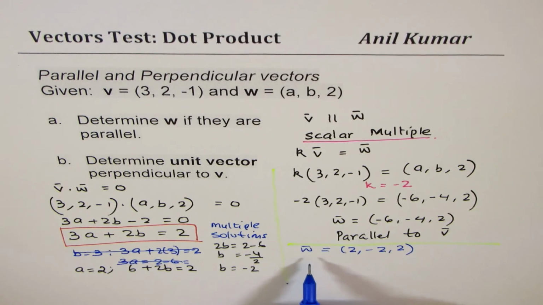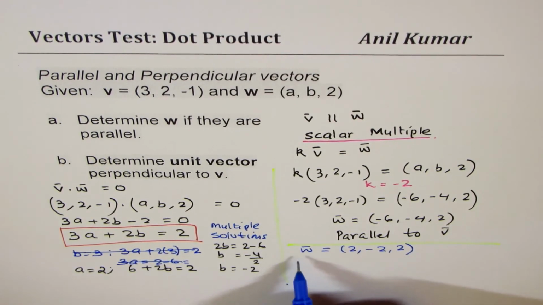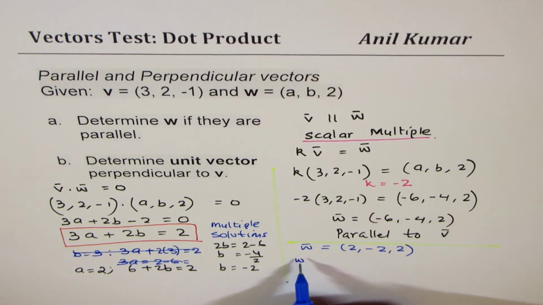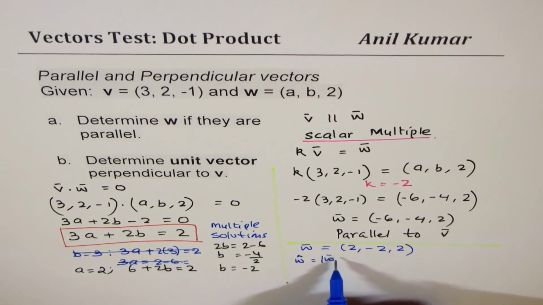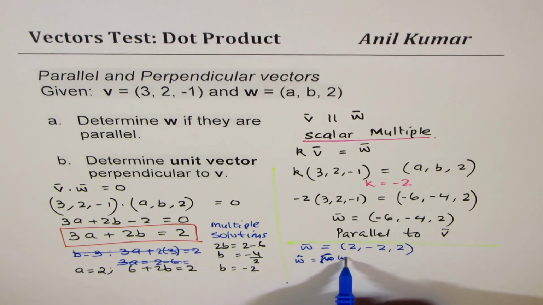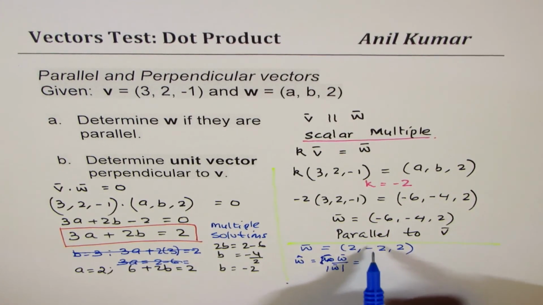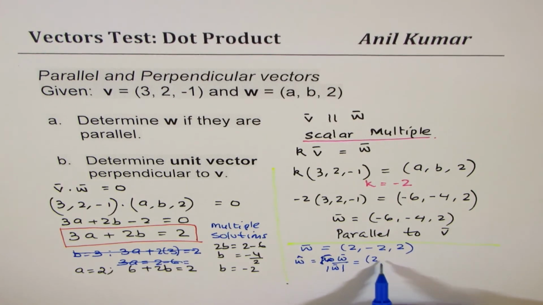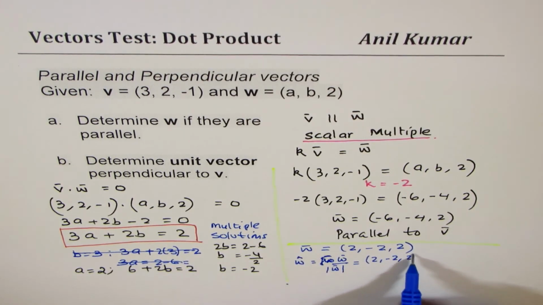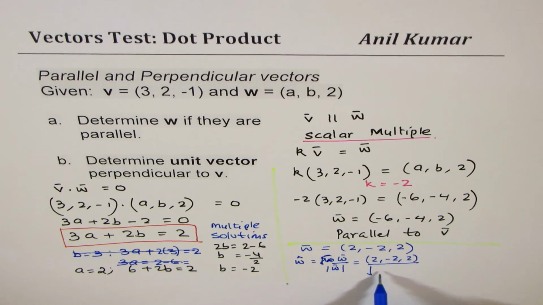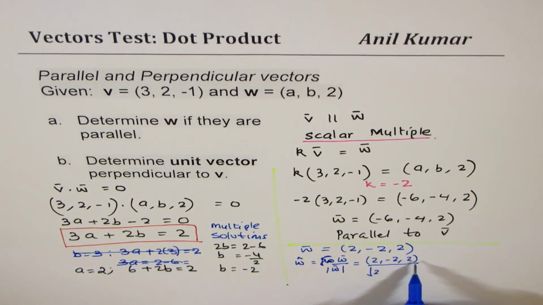Since we need a unit vector, how do we figure that out? So the unit vector, normally written like this, will be the vector itself divided by its magnitude. So the magnitude of this will be the square root of 2 square, minus 2 square and this 2 square.